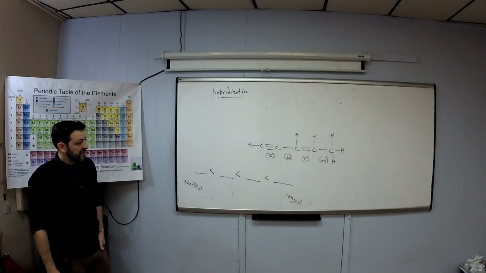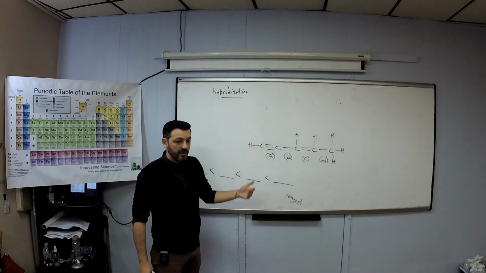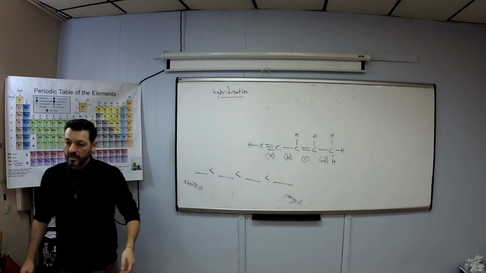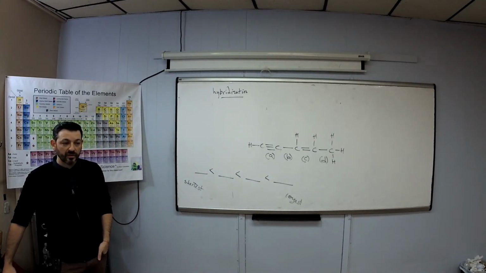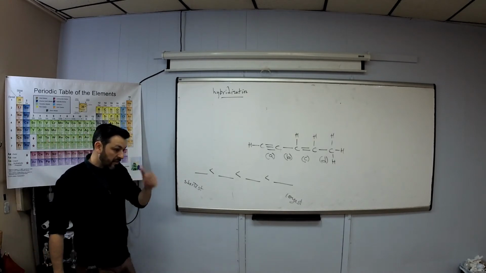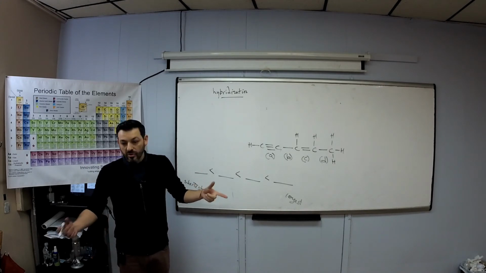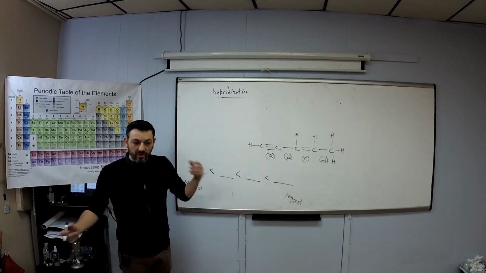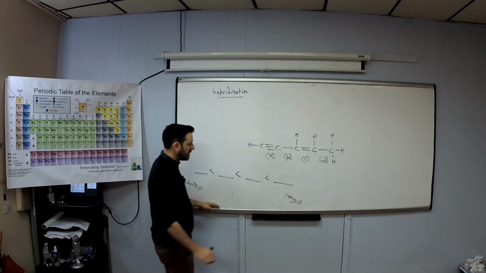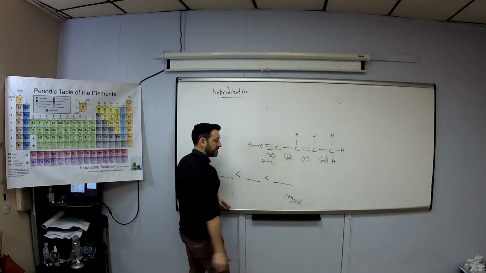So ignoring everything that I've said, you can say A is the shortest, then comes C, and then B and D are the same length, because you're looking at single, double, and triple, and that has nothing to do with anything. That's the wrong answer. Or we can do what we've just learned: sp is a shorter distance to the nucleus, sp2 is a longer distance to the nucleus, and sp3 is longer still. Therefore, A is a connection between sp and sp.